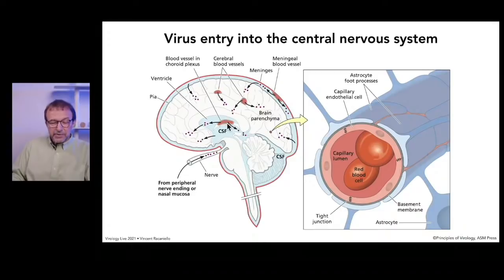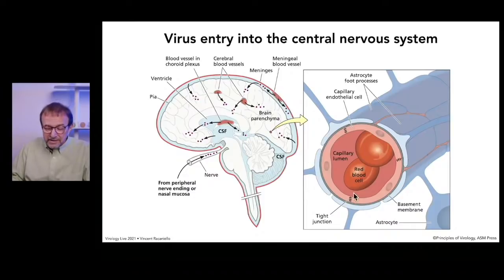It's called the choroid plexus, the area where the cerebral spinal fluid is made. Those are loosely joined endothelial cells, and so many viruses can go into the CSF from the choroid plexus and then infect the brain proper. Brain, of course, the cerebrum has blood vessels in it, and sometimes viruses get through them by the mechanisms we just talked about. The meninges, of course, also has blood vessels, and viruses can get through them as well.